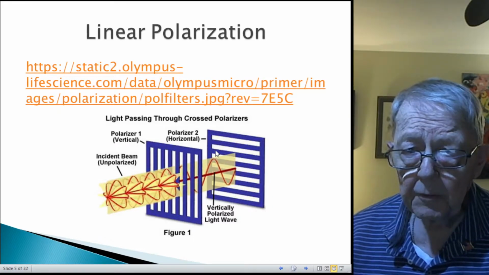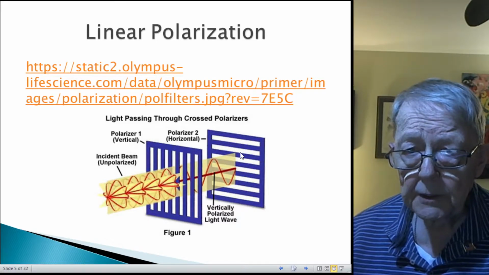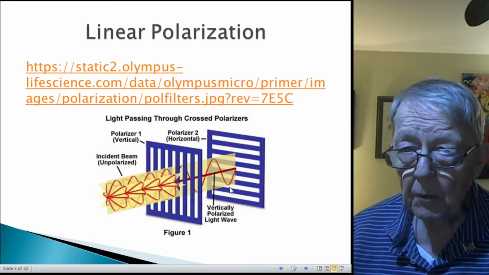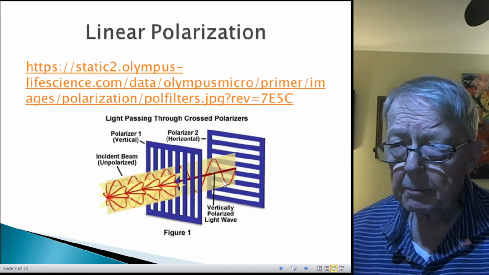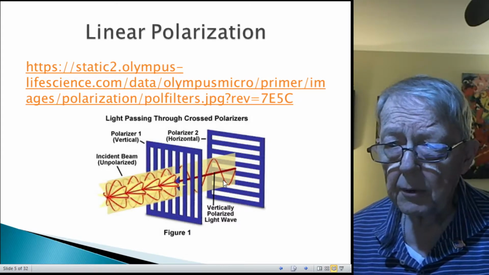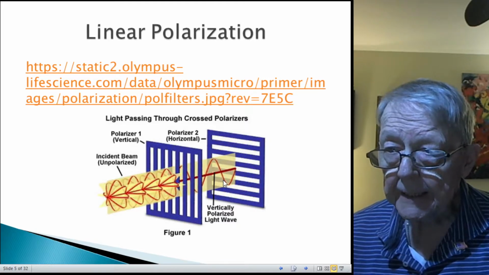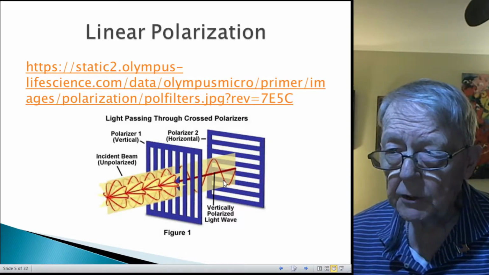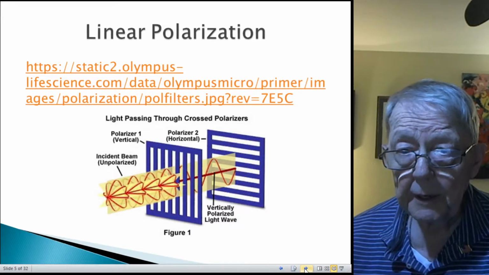Then when the vertical passes through a horizontal polarizer, you get nothing. Well, you get something, because these types of linear polarizers don't block everything, but they block enough that the image is virtually gone, but not eliminated.